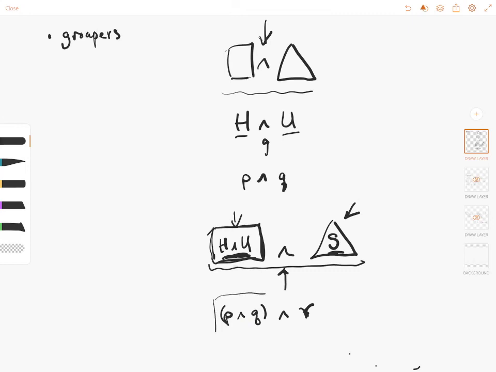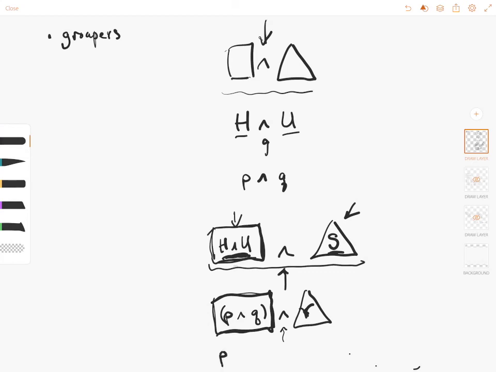We have everything in the square joined together with everything in the triangle using the operator conjunction. The groupers come into play because they indicate to us what belongs together to go in the box on this side. And that idea can be extended as far as we wish.